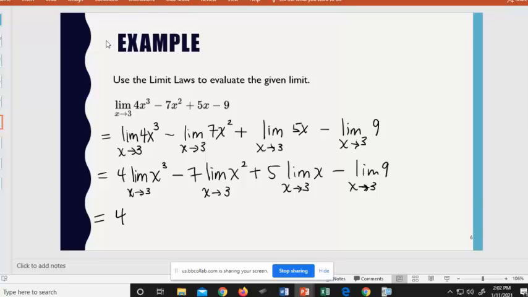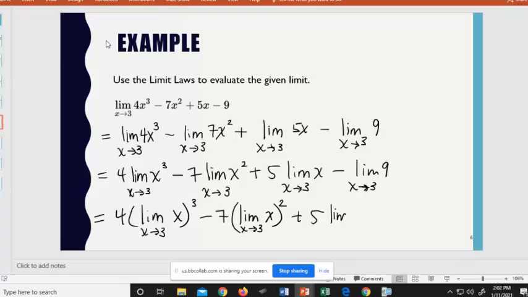So equals 4, parentheses, limit of x, cubed. And then minus 7 times the limit of x squared. And then these other two will just remain the same.